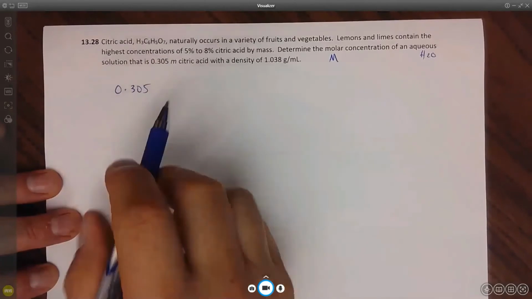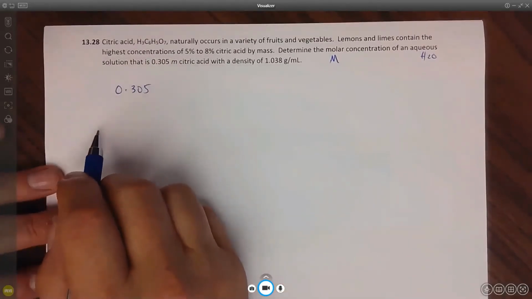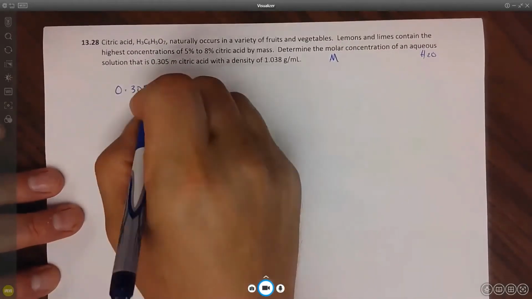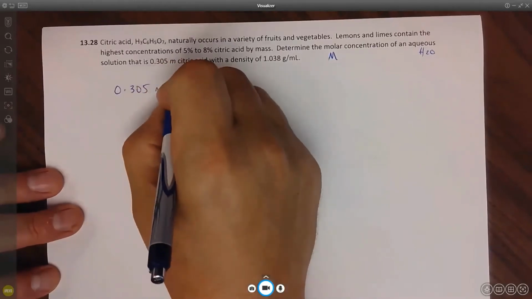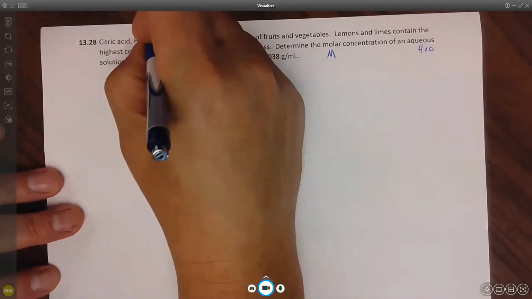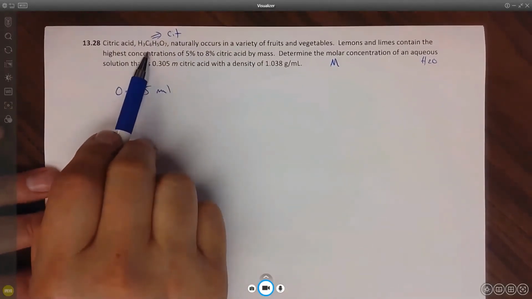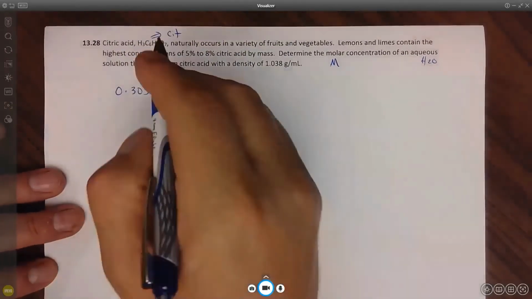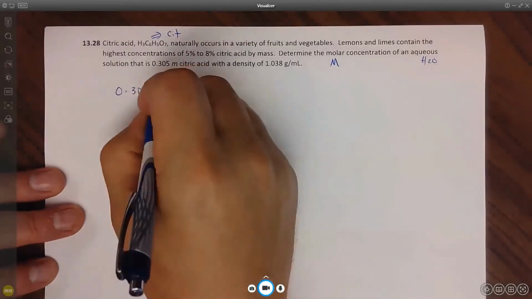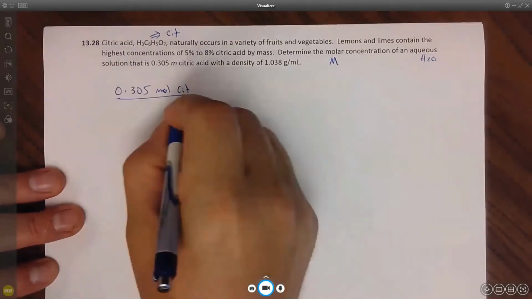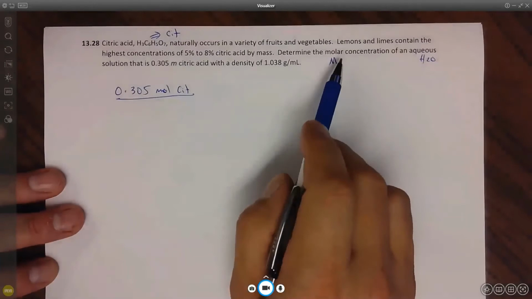0.305 mole citric acid. Well, we've already established that that means that there's that many moles of citric acid. Now, I'm going to call this thing CIT, just so I don't have to keep rewriting this entire formula, okay? So moles of CIT, which is our citric acid, and our solvent is water, right?